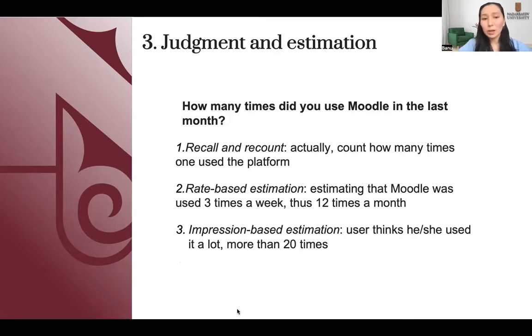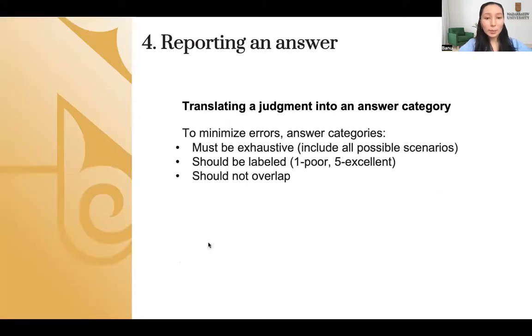The last step in the mental process is reporting an answer. So a respondent translates the judgment or estimation they have retrieved from the previous stage into an answer category.